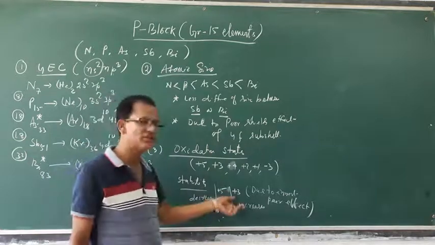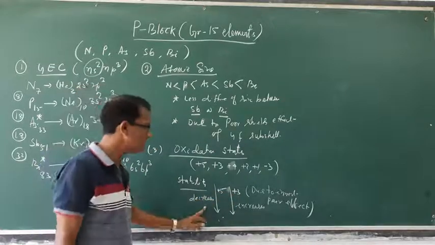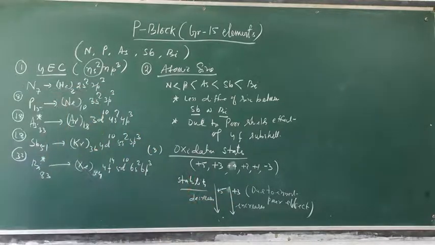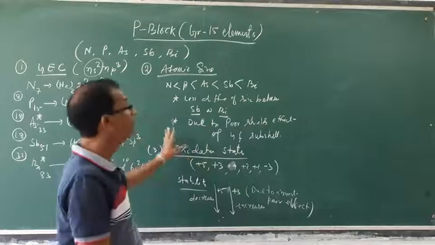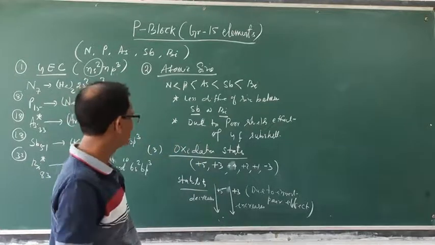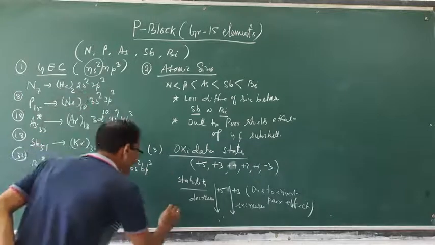That's why plus 3 stability increases, but plus 5 stability decreases. So this is very important, the stability order of plus 3 and plus 5 in group 15. Then if you see the valency, here is a very important valency.